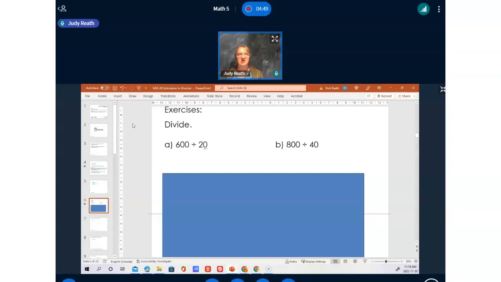So we're going to divide by 10, taking off this 0 to make it 60 divided by 2. That is a division sign there. And 60 divided by 2 will be 30. And the same thing here. Even though we have 2 zeros up here, we can only take one of them off because we can only take one off here. We can only divide it by 10. So this gives us 80 divided by 4, which will be 20.